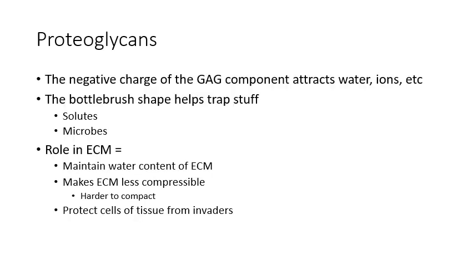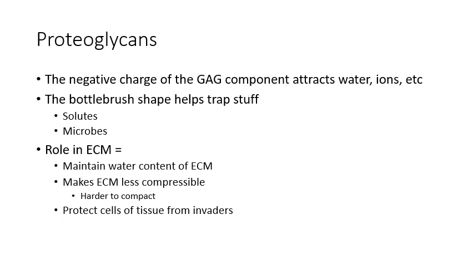So, since proteoglycans contain glycosaminoglycans, they also have that negative charge on them, so they're also going to have all the same roles in the tissue that glycosaminoglycans would have. Basically, they're attracting water, positively charged ions, other polar compounds, anything like that, but primarily water.